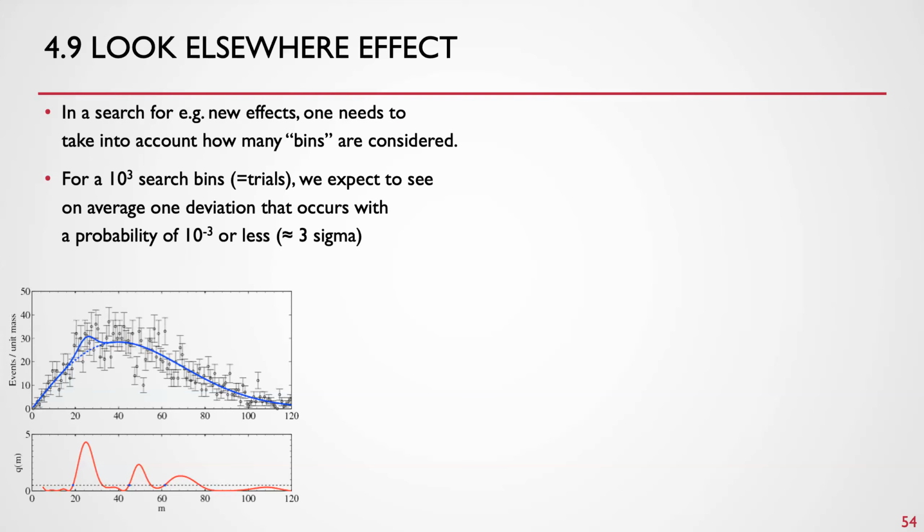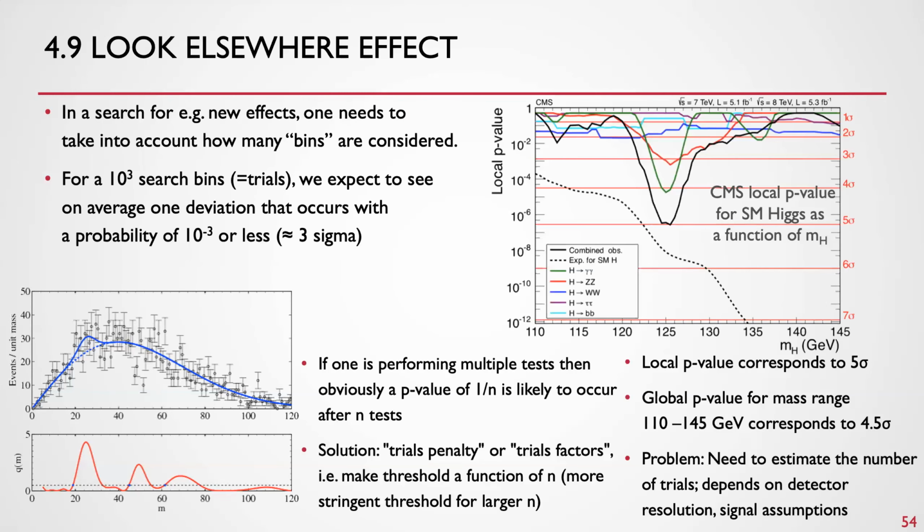If you throw your dice 6 times, you can expect to throw a 6. If you throw a dice 10,000 times, you can expect to see something that happens only 1 in 10,000 times. That's the look-elsewhere effect. It always applies when we search for a particle whose mass we don't know.